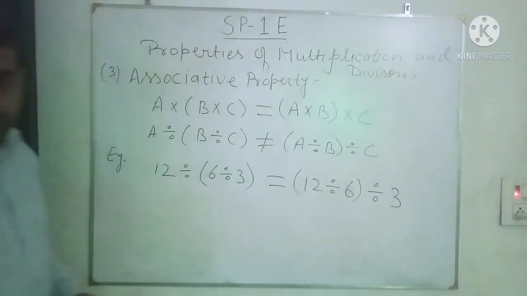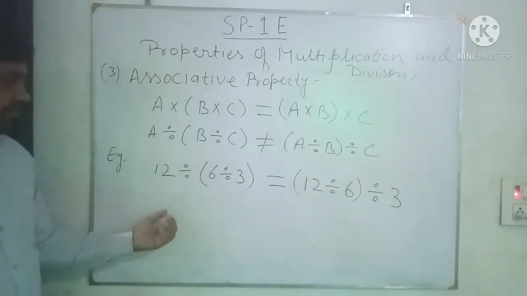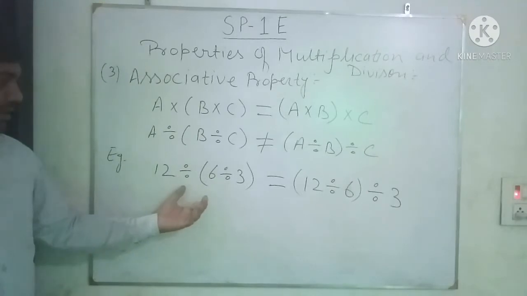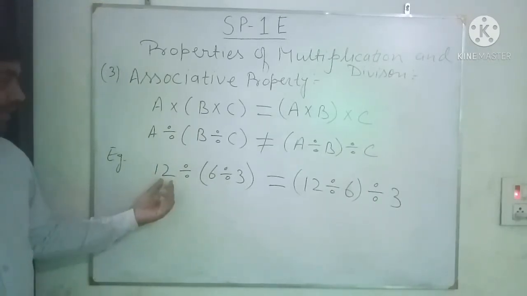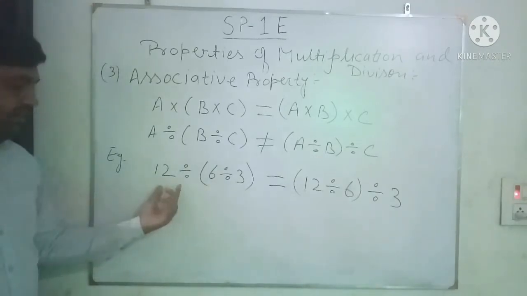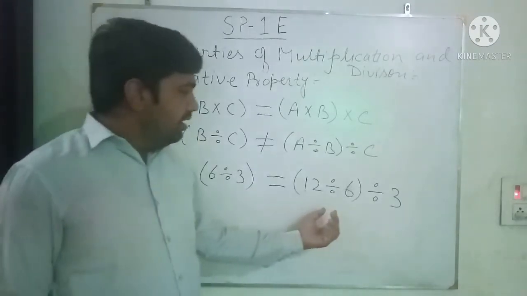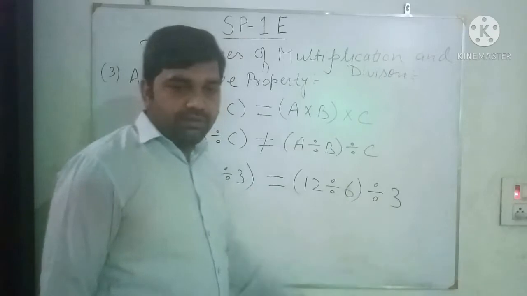Now see, here in the division we have changed the order of the integers. Here we are dividing 12 by the quotient of 6 and 3, and here we are dividing the quotient of 12 and 6 by 3.